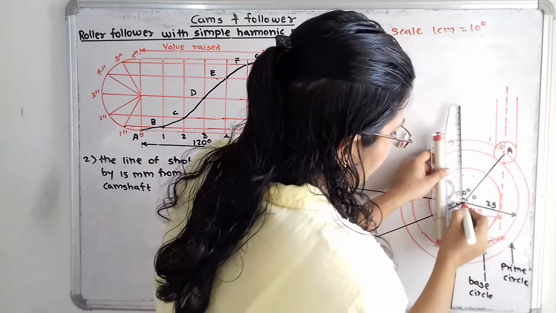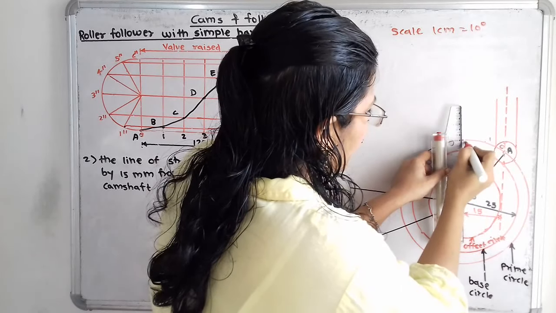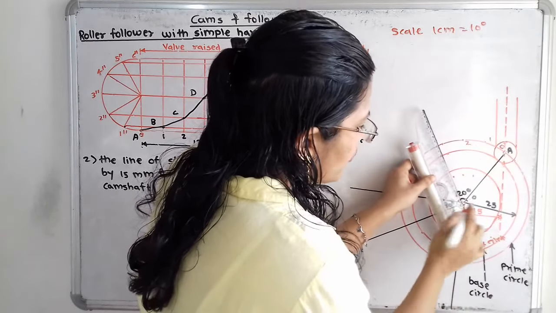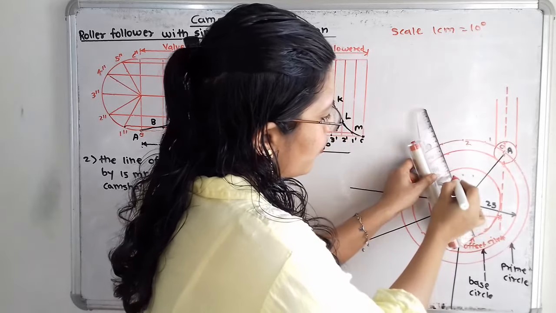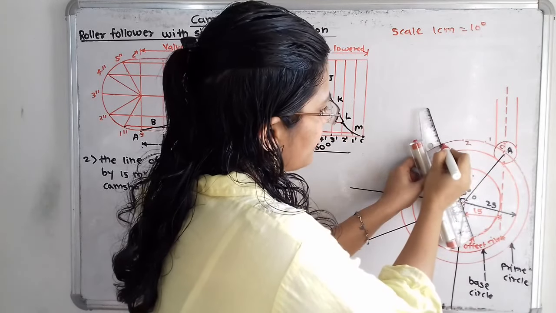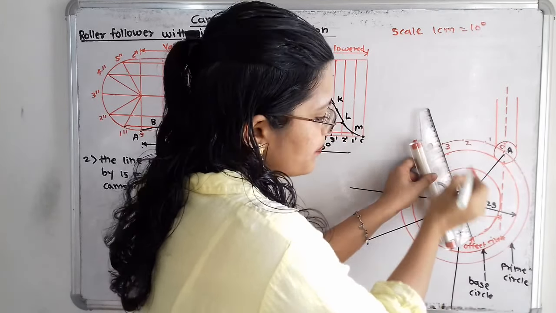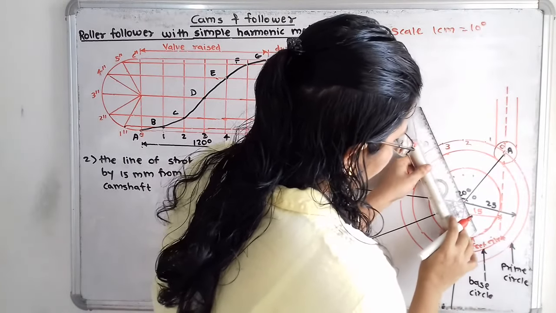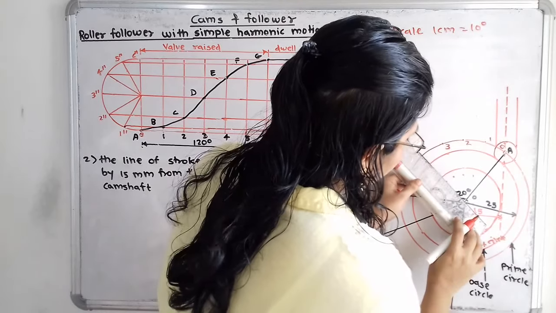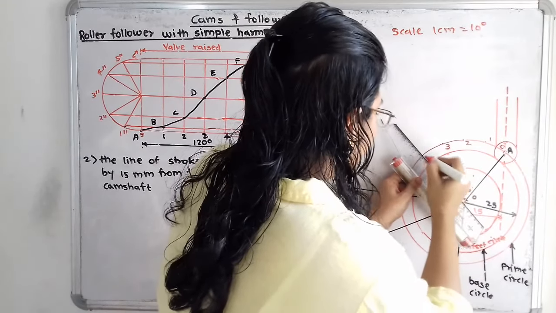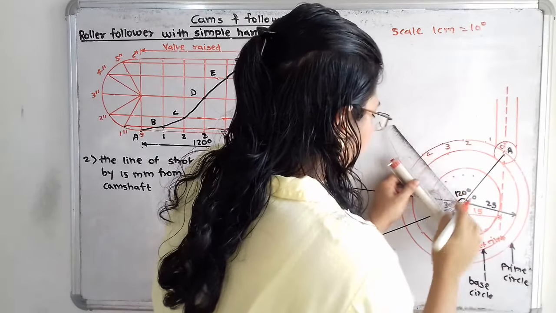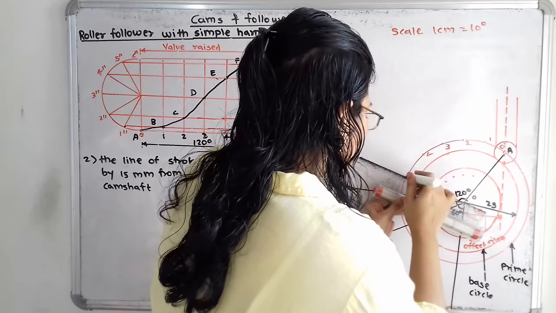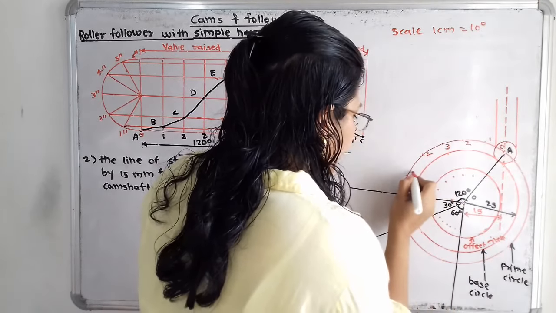In the same way this is the second point. So here on the prime circle, there is the third point. So we have to join this point O and the selected point, and on the same line we will select the point on the prime circle. Then this is the point 3, then next is point 4, then there is point 5.